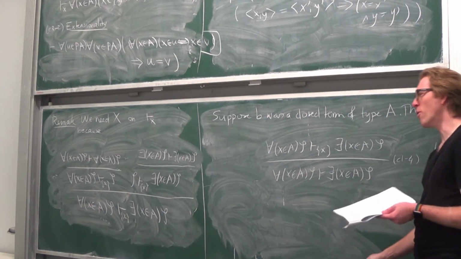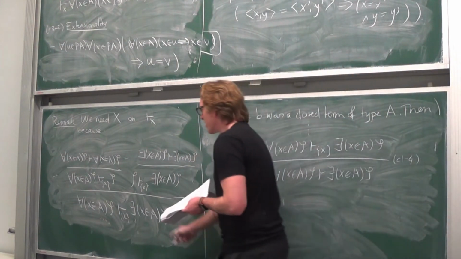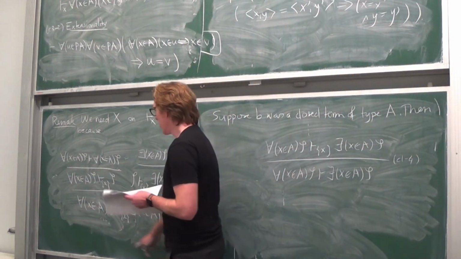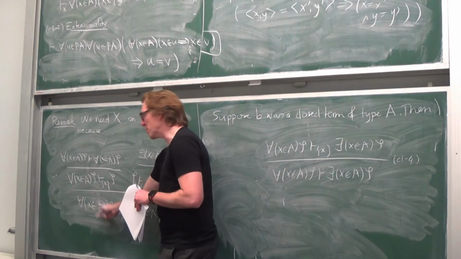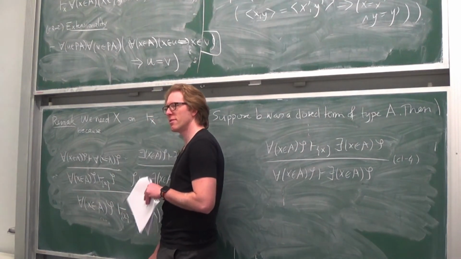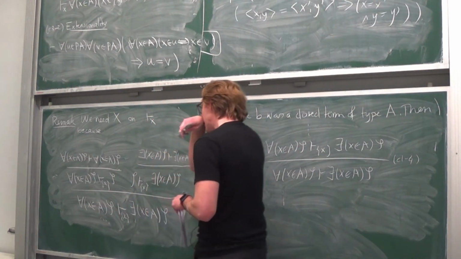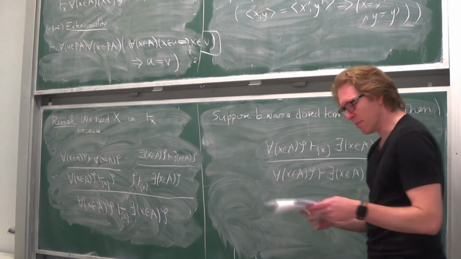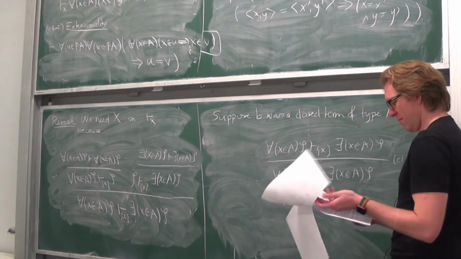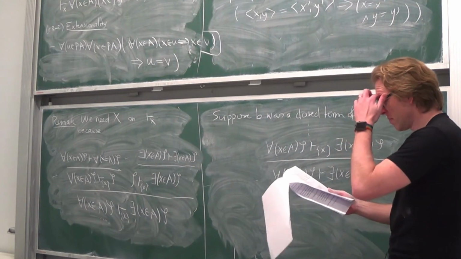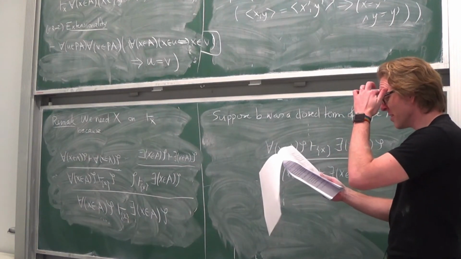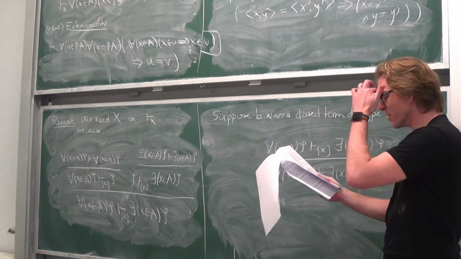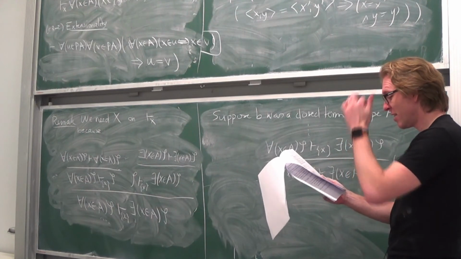It would be wrong to deduce there exists something satisfying phi from for all, because maybe this is empty, maybe there's nothing satisfying. And the example in the book is, what is it? So take A to be the type of unicorns and phi the predicate has horns.